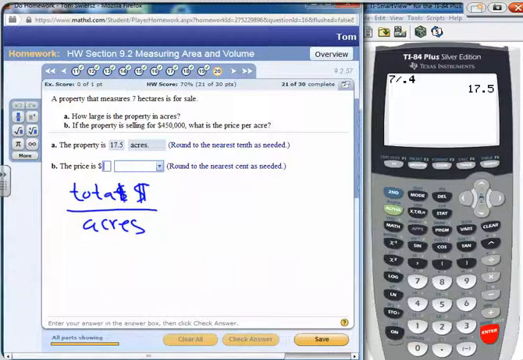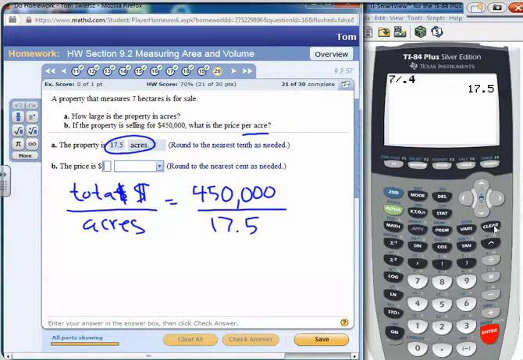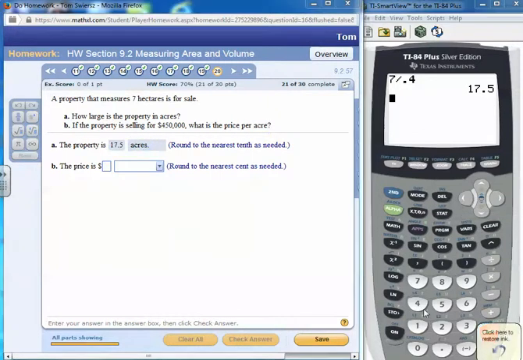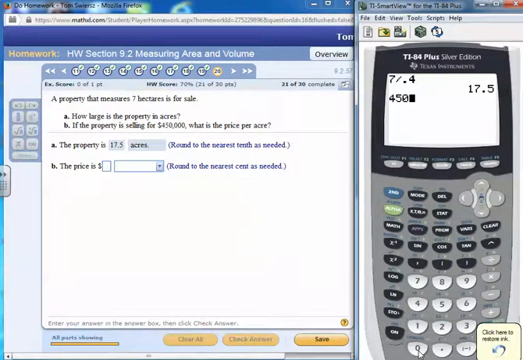So total money spent is $450,000 divided by now the number of acres, which is what we got in our first part, 17.5. And we're supposed to round to the nearest cent, which is 2 decimal places. So 450,000 divided by 17.5.